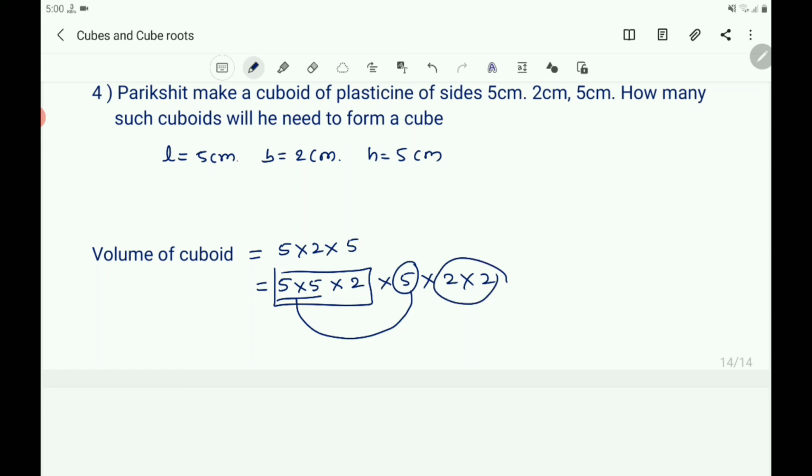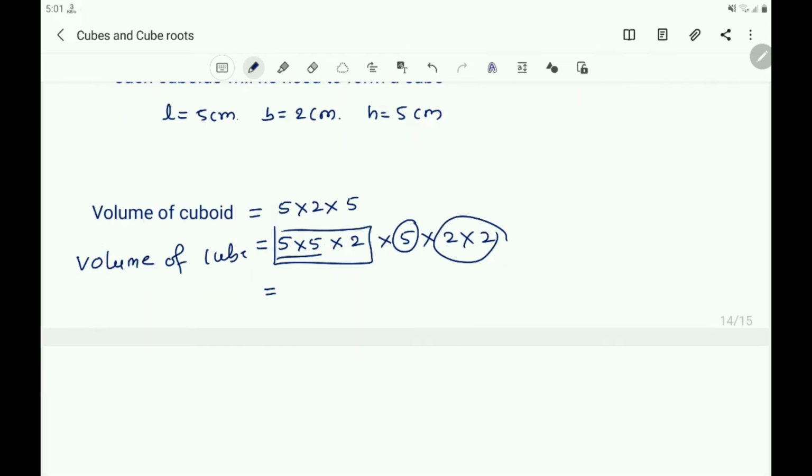So you take the volume of the cube. Volume of cube equals 5 into 5 into 2, or you write it as it is, equals 5 into 2 into 5. Then that is the product of this extra. What you have taken is 5 into 4, that is 20.